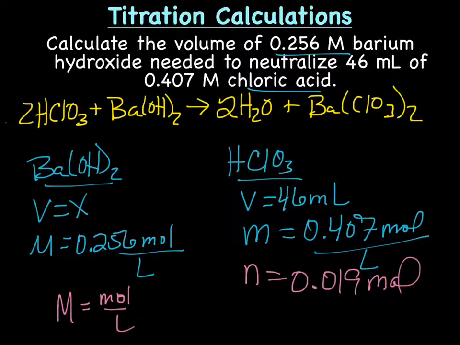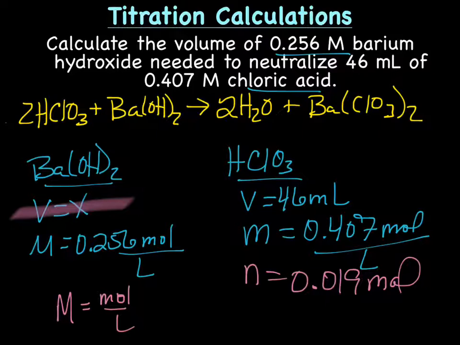Now, we're trying to get to volume of barium hydroxide. So with the information we have now, I would suggest doing a stoichiometry problem and figuring out, since we know the moles of chloric acid, we can figure out the number of moles of barium hydroxide, and then we can solve for the volume.